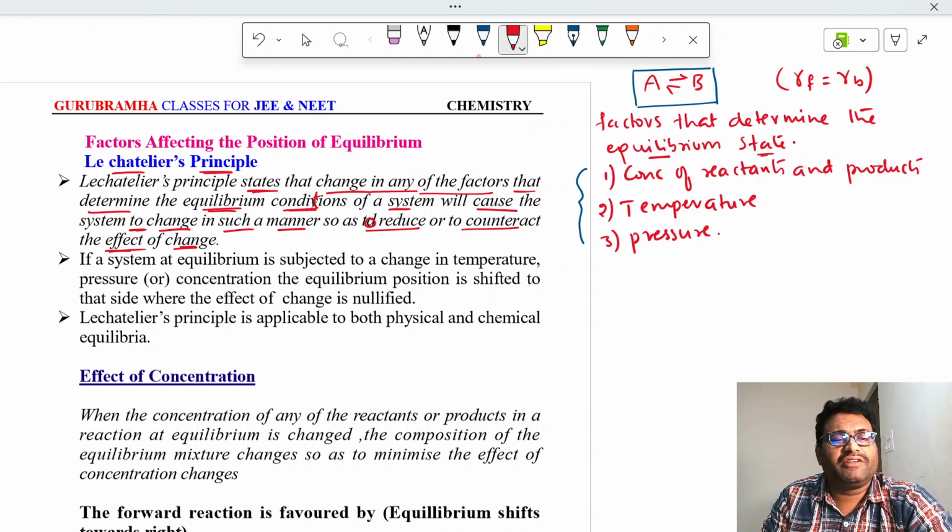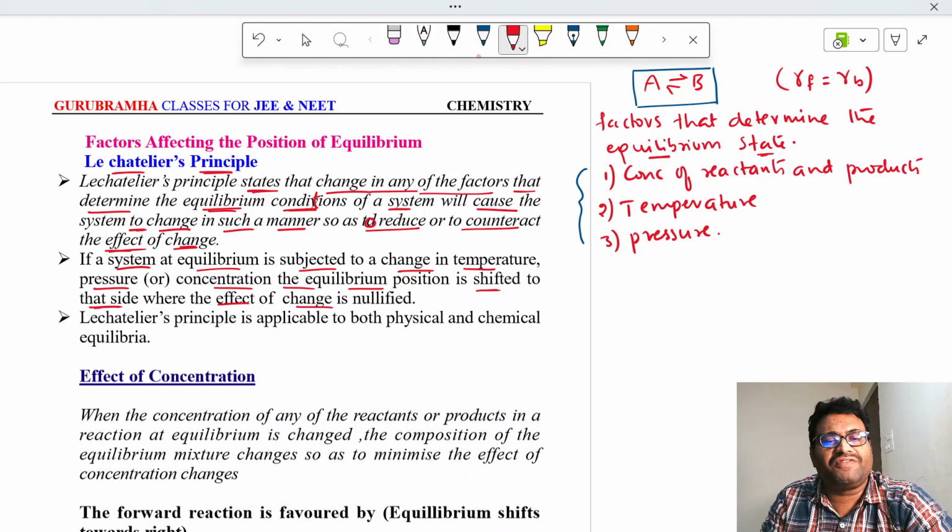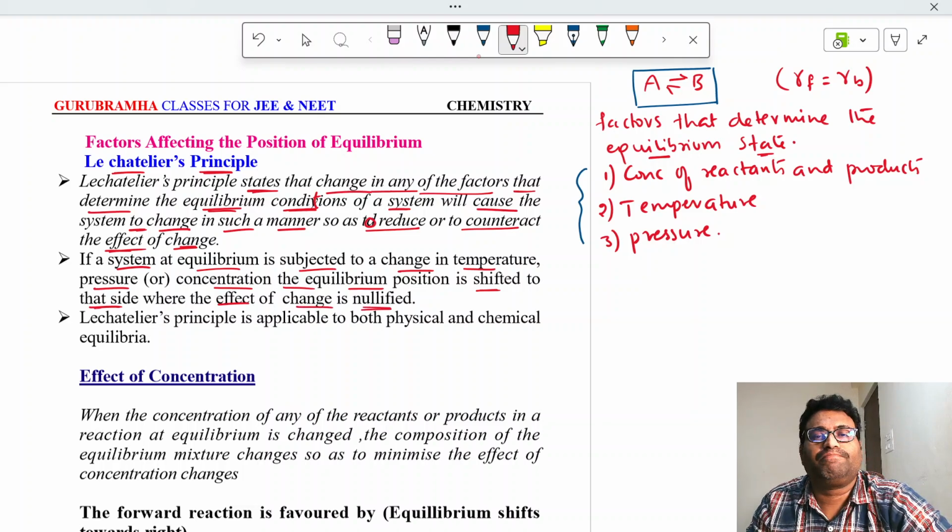Simply speaking, you can also define it in this way. If a system at equilibrium is subject to a change in temperature or pressure or concentration, the equilibrium position is shifted to the side where the effect of the change is nullified. That means the reversible reaction is behaving in such a way that the change brought should be made zero.